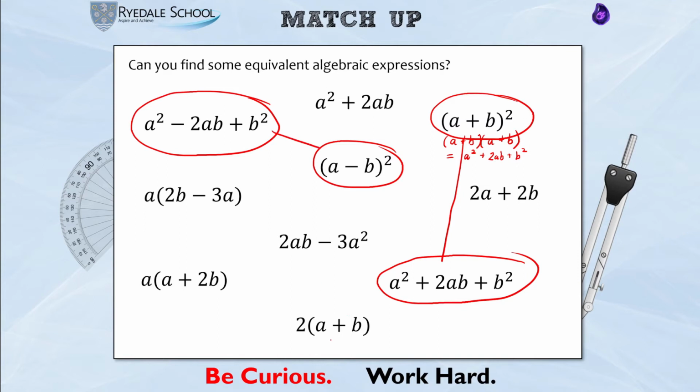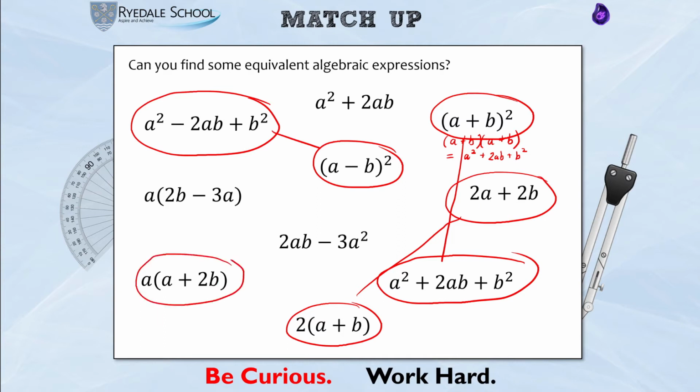For the single bracket problems, you just have to multiply what's inside the bracket by what's outside. So we'd get a 2a on this one, a 2a and a 2b. So that one goes with this. On this bracket here, we would get an a times an a, which is an a squared, and a times a 2b is a 2ab.